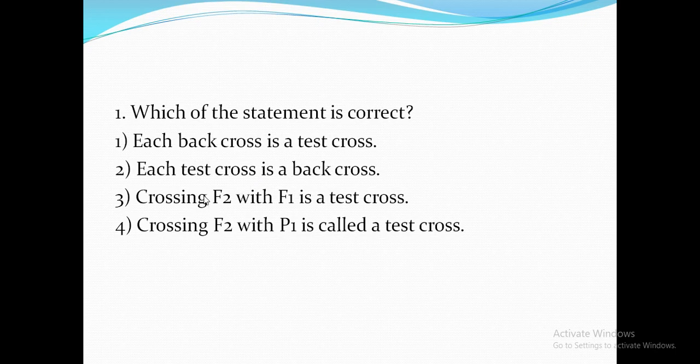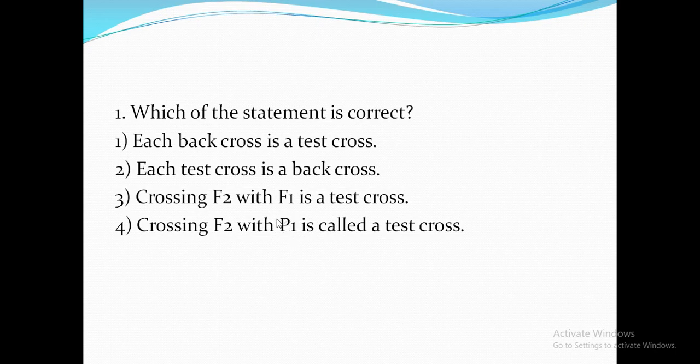Now let's see the remaining options. Crossing F2 with F1 is a test cross? No. Crossing F2 or F1 with the double recessive parent is nothing but a test cross. Crossing F2 with P1 is called a test cross? No. P1 means both the double recessive parent as well as the dominant parent are considered P1.